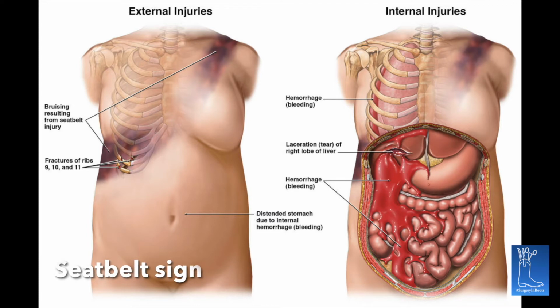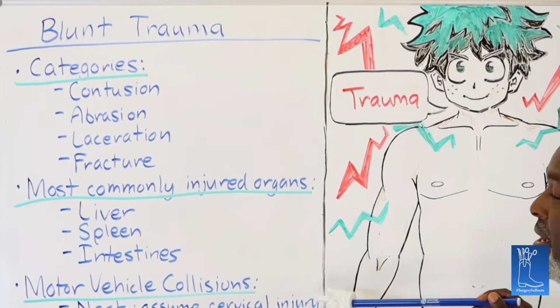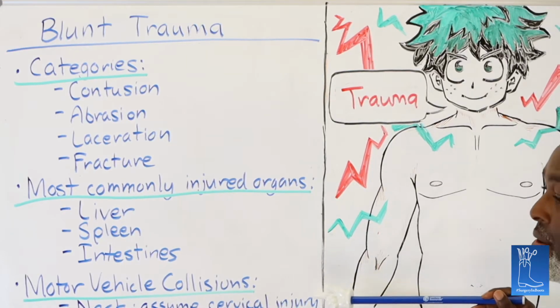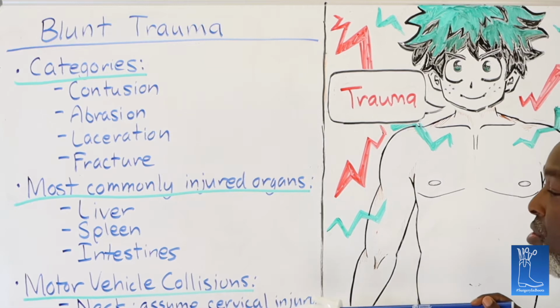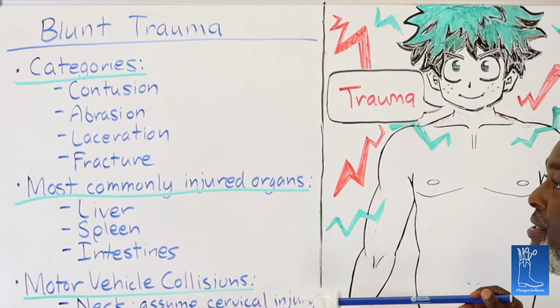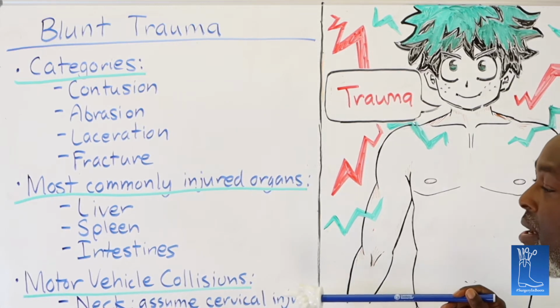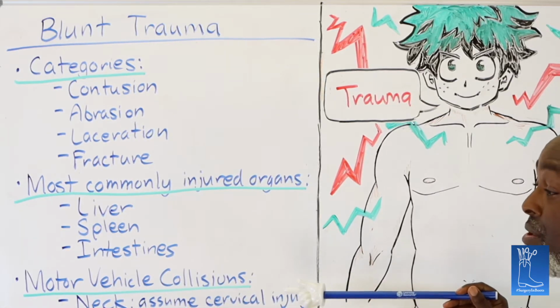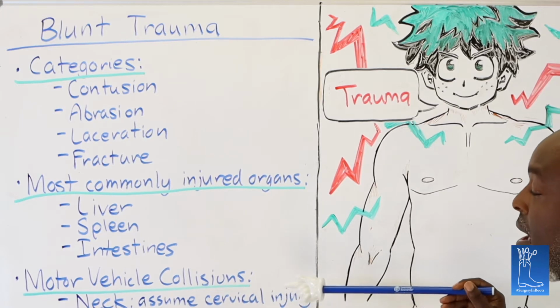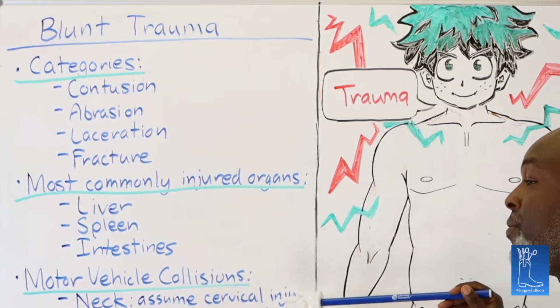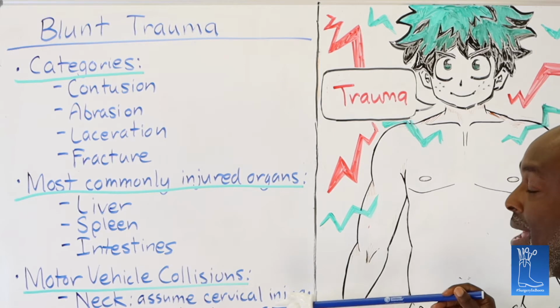So specifically with cars, when you're in a car accident, and if you see one driving down the street, the first thing that someone always does is put their neck in a collar, because you have to assume that there is a cervical spine injury until you can assess whether there isn't one. Now, a trained general surgeon, who is also a trauma surgeon, same thing, or an emergency room physician can assess whether someone has an injury.